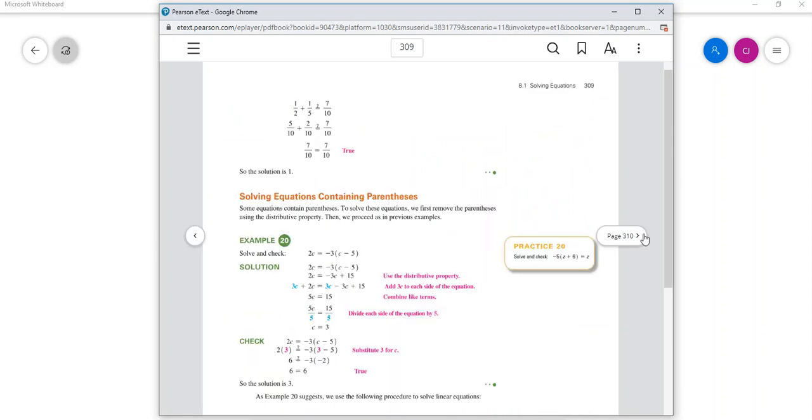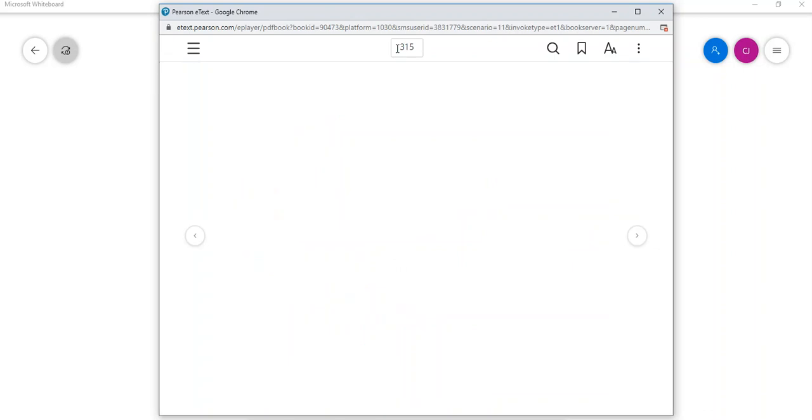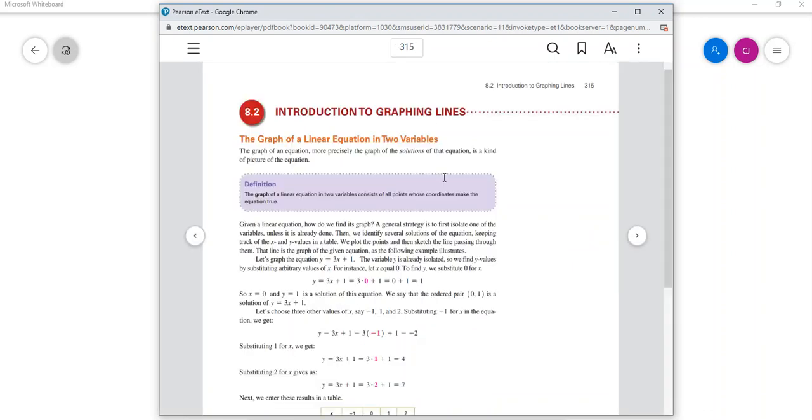Let's see, where is 8.2? Maybe I can jump to that page. So 315, let's go here. There we go.